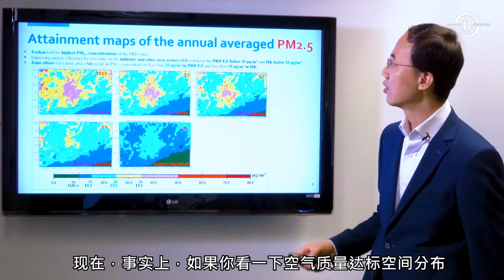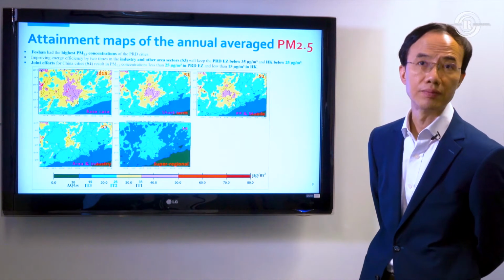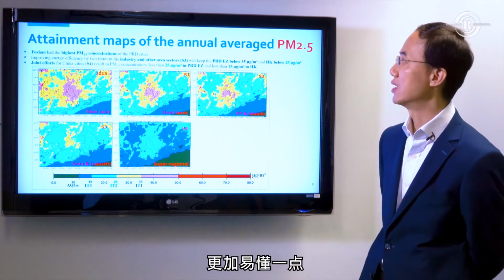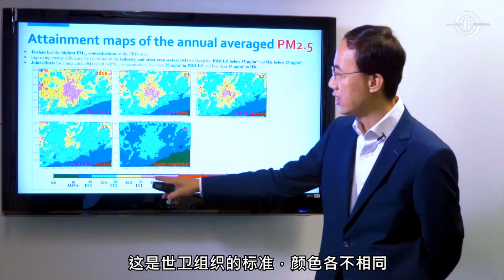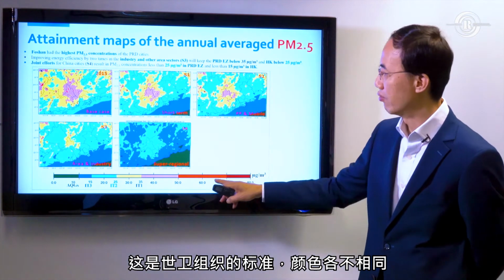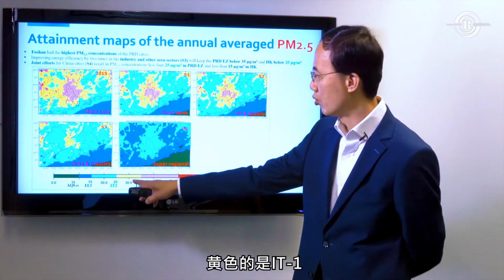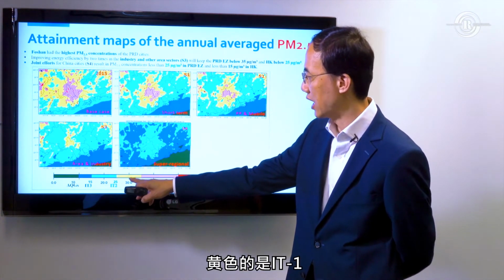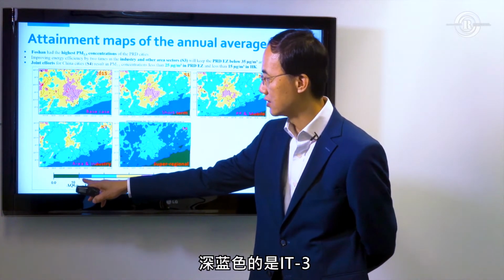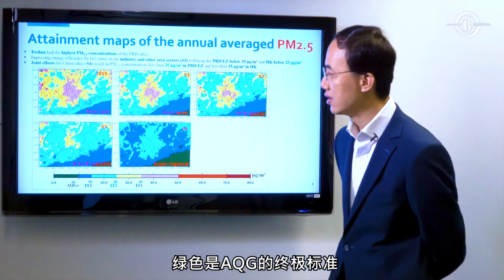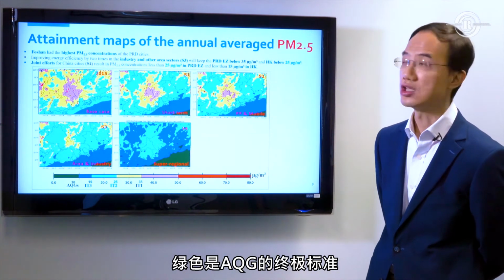Now, if you look at the contour map and attainment map, it's a little bit easier to understand. This is the WHO standard in different colors. The yellow color is IT1, light blue is IT2, dark blue is IT3, and green is the ultimate AQG standard.